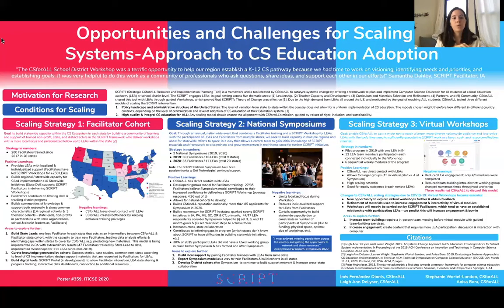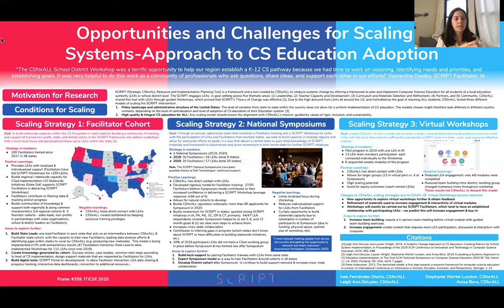And with this way, what we've managed to do as means of positive learnings is to create very individualized follow-up plans for the districts that are within a state or a region where we've trained facilitators, and facilitators can track data and use this data to inform the progress of the districts in a much better way than CS for All would have capacity to do.